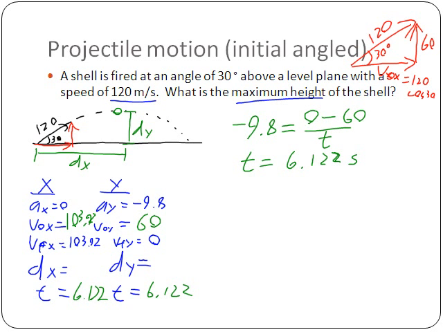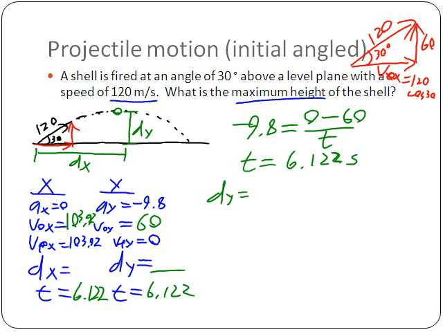And we're looking for maximum height, so we want to find what this distance is here in the y direction. That means we're going to use our y distance equation: dy is equal to 1/2 times the acceleration, which is negative 9.8, so that basically is negative 4.9, times t squared, where t, we already figured out, is 6.122, squared, plus the original velocity, which is positive 60, times 6.122.